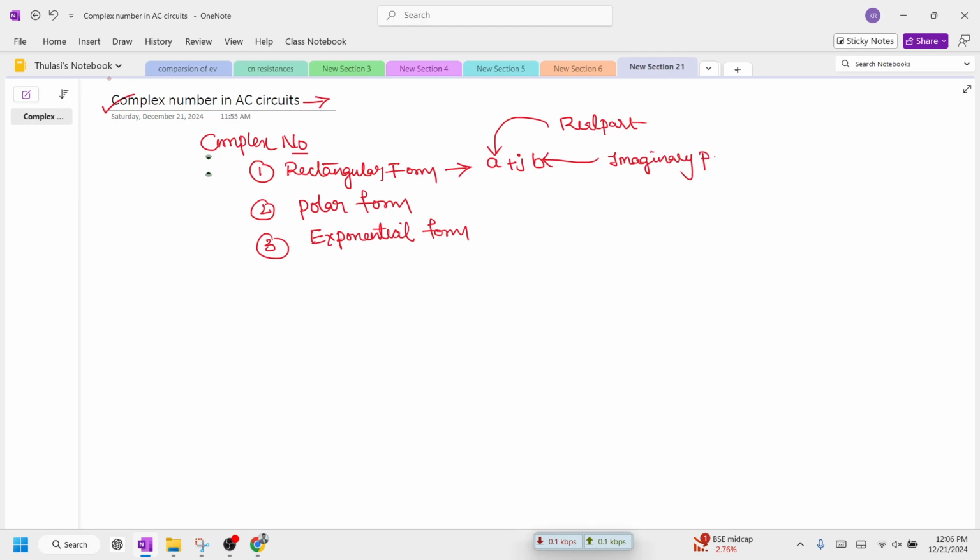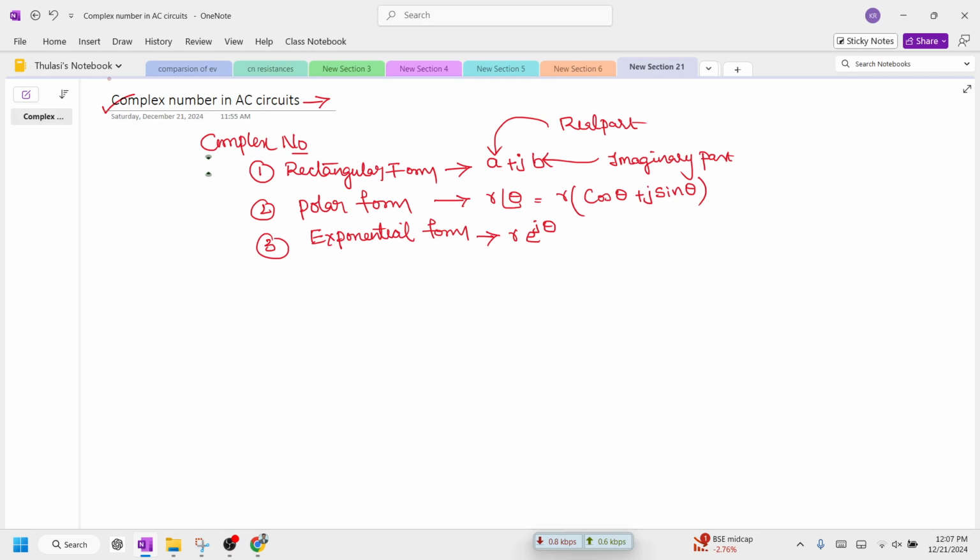This same number in polar form we can write as r at an angle theta, or as r (cos theta plus j sin theta), and the same can be represented in one more form, r into e to the power j theta.